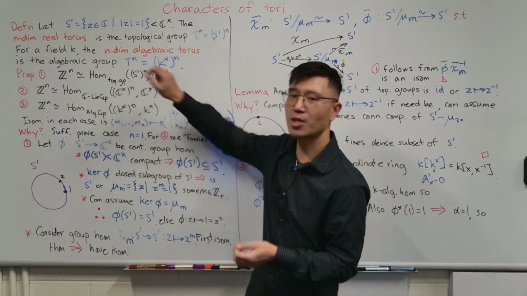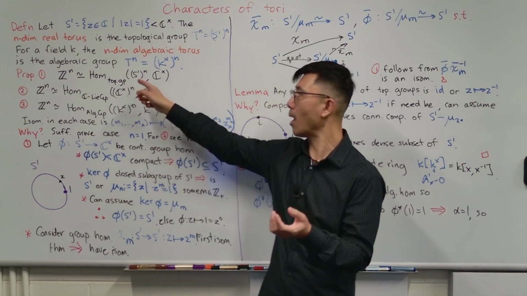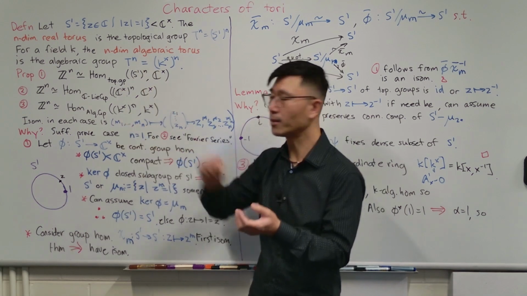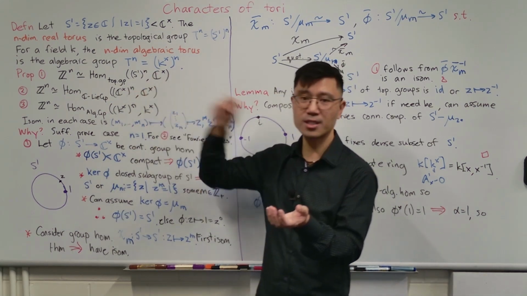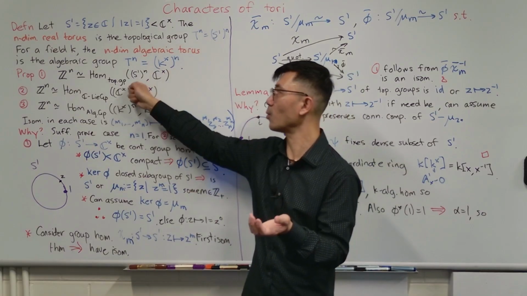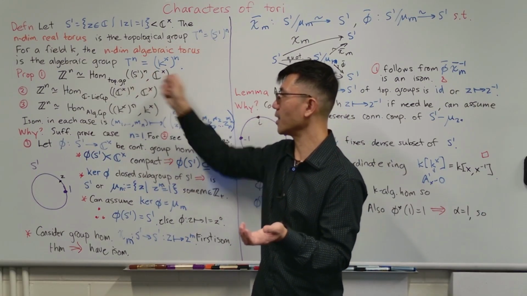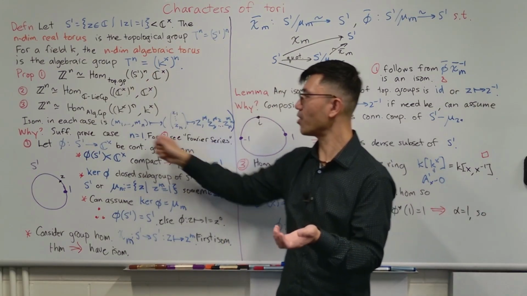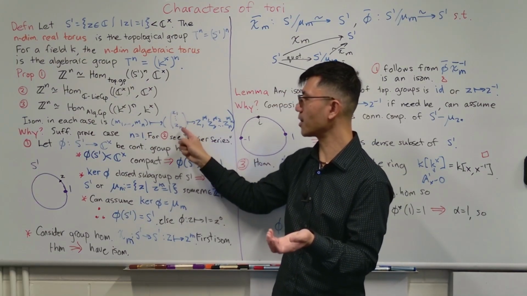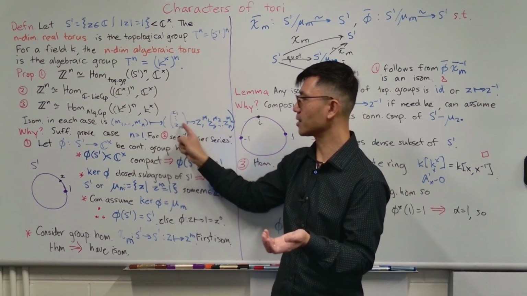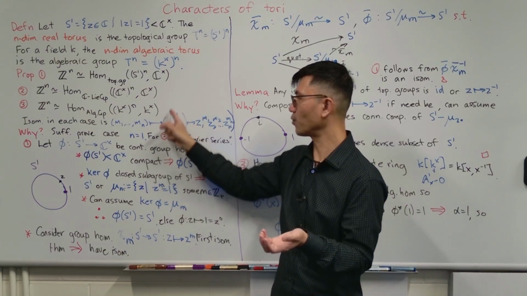S1 to the n has inside it, you can pick a copy of S1 in each coordinate. If you restrict to each of those subgroups, which are isomorphic to S1, they'll give you a homomorphism from here to here. Suppose we restrict to the case where the last coordinate can be anything inside S1 and the first few coordinates are all 1.